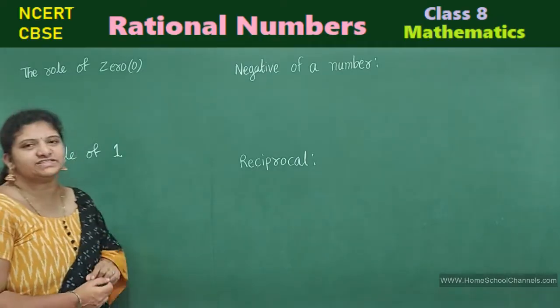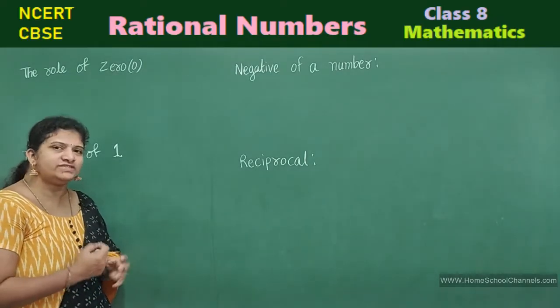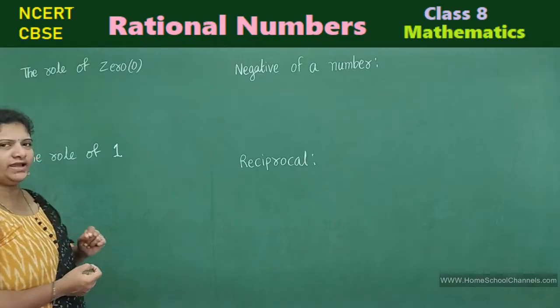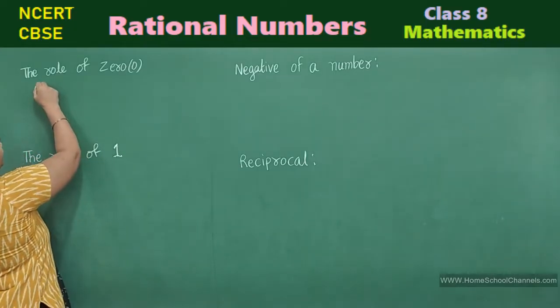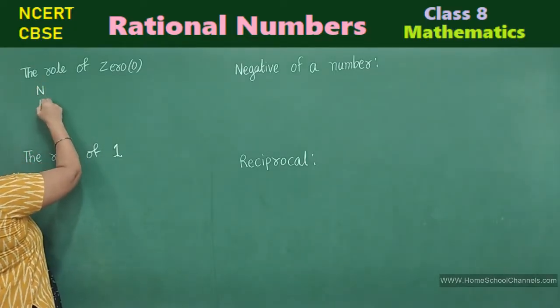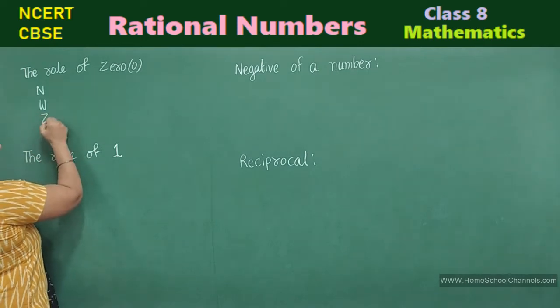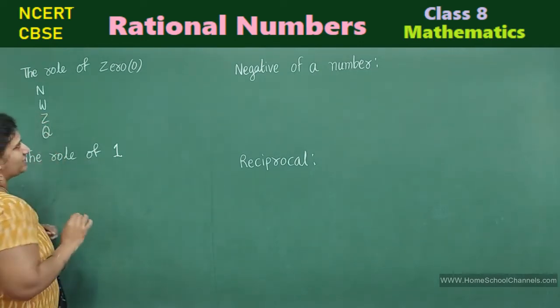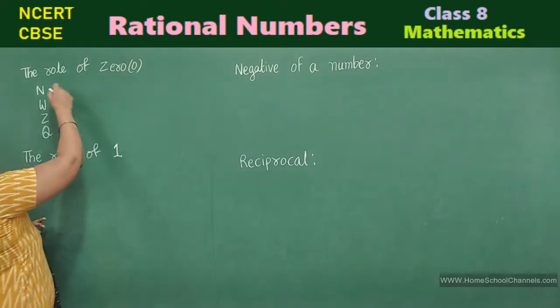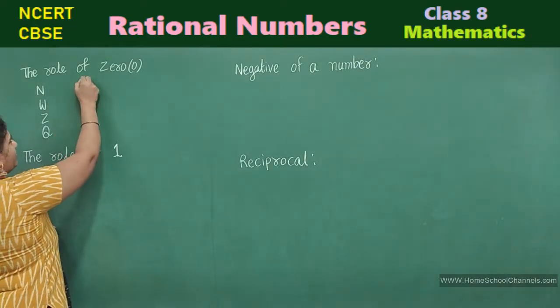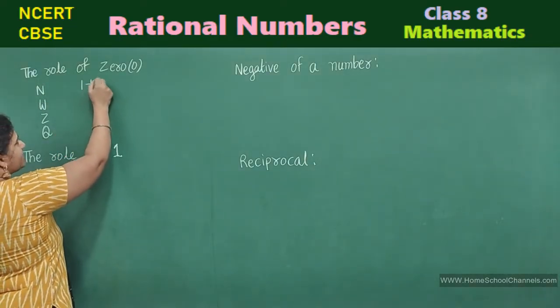The role of 0. Suppose I take any natural number. Let me take natural numbers, whole numbers, integers and rational numbers here. Now, suppose I take any natural number 1. Add 0 to this.